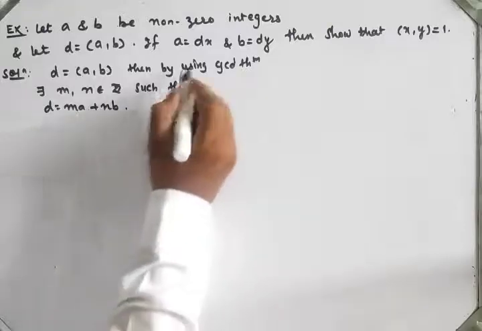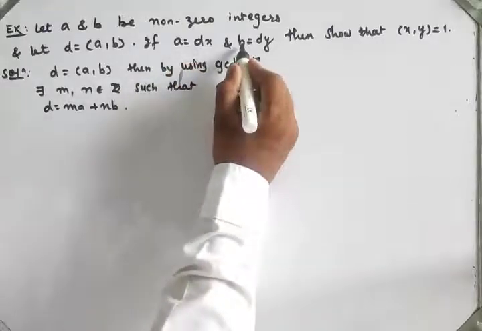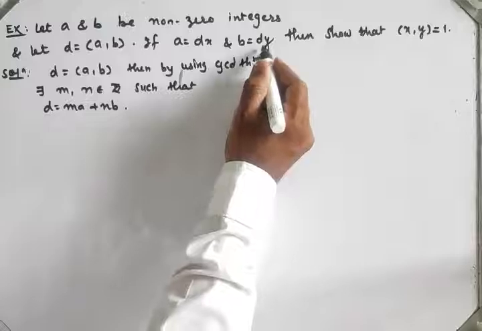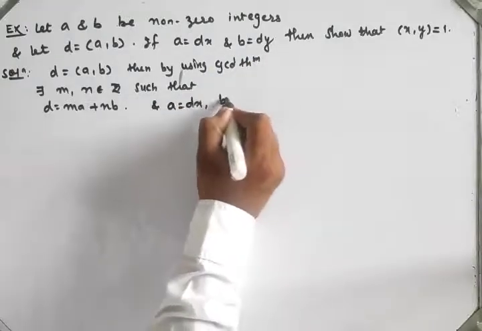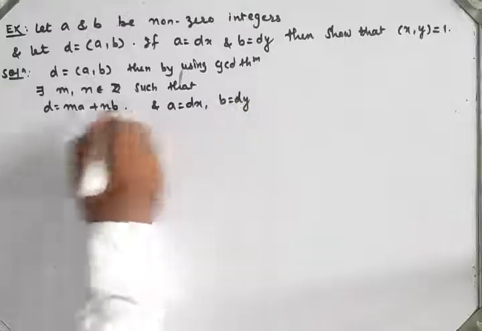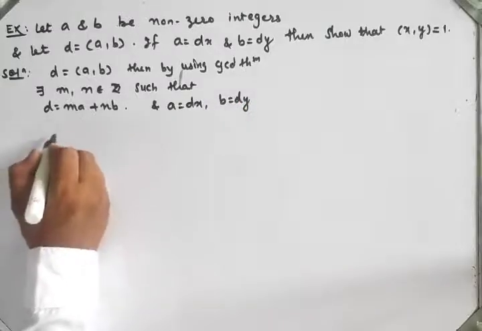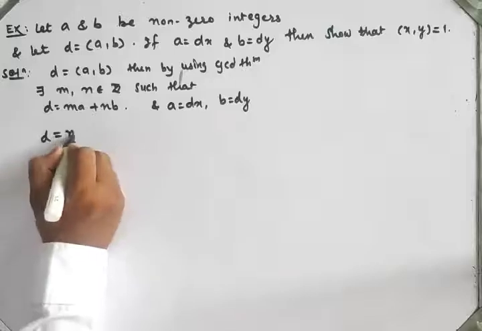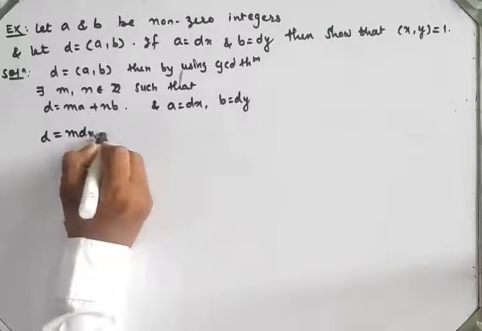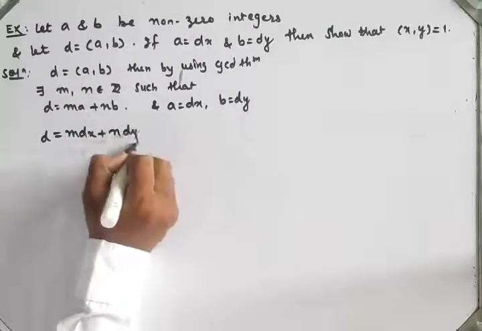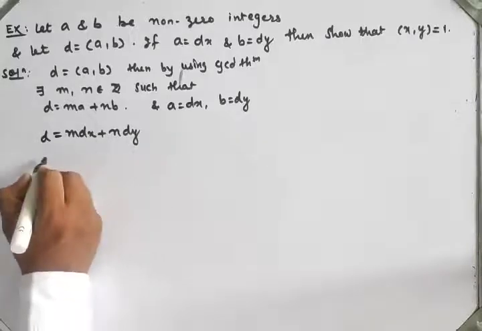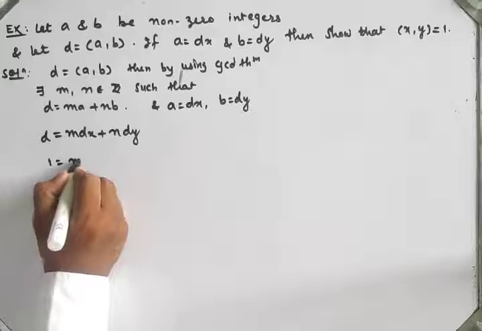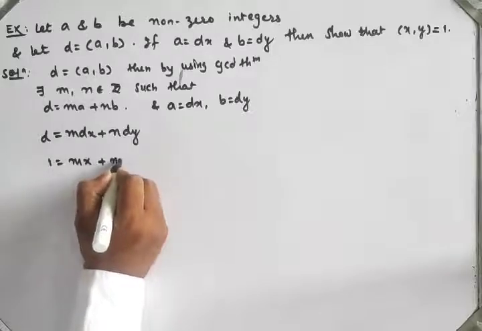So we have the value of a is dx and the value of b is dy. So substituting these values in this equation, we get d is equal to m into dx plus n into dy. So d is common, so dividing throughout by d we will get 1 is equal to mx plus ny.